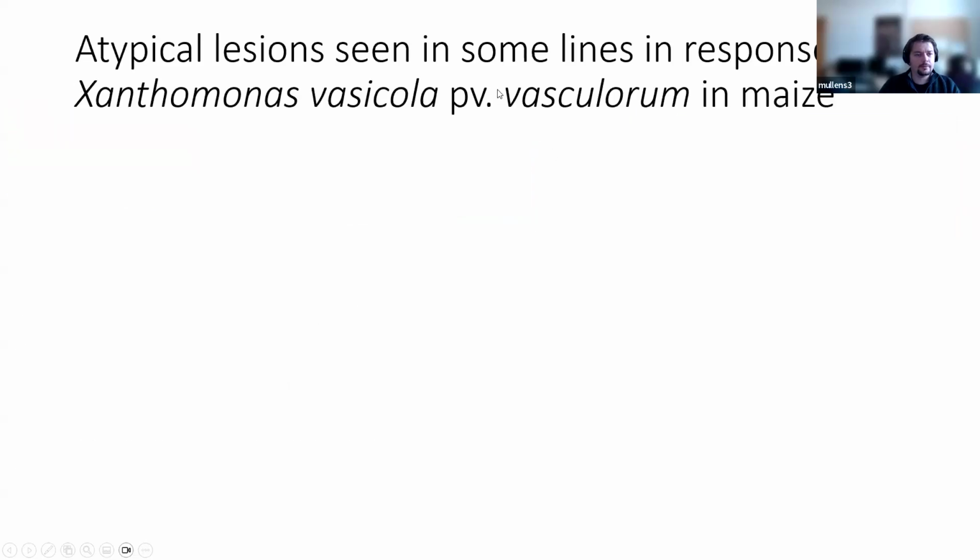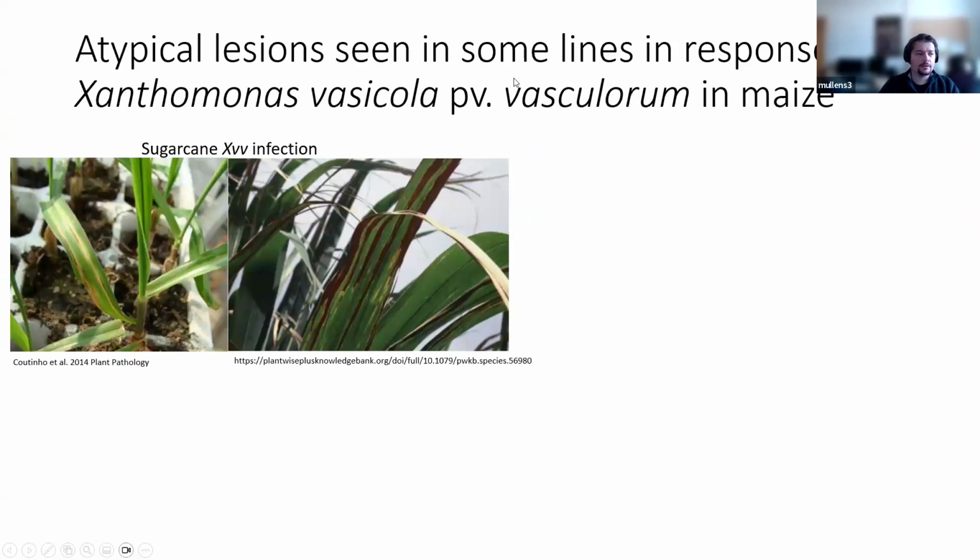So when our group started working on it, we noticed that there were some unusual disease symptoms in some maize lines when inoculated with XVV. So here I'm showing a picture of what XVV infection looks like on sugarcane. And you can see it looks a lot like the bacterial blight pathogen of rice.